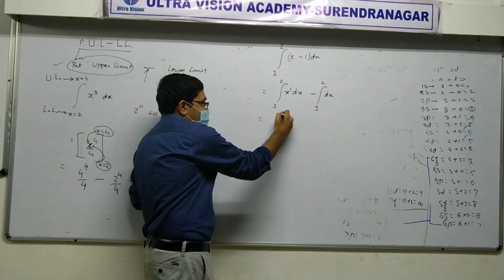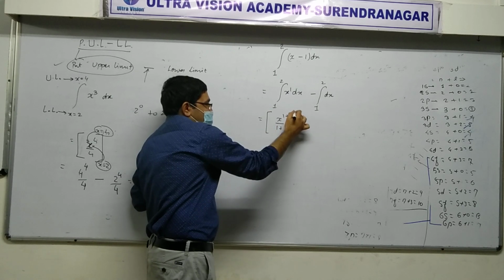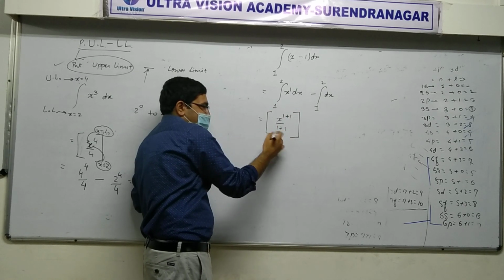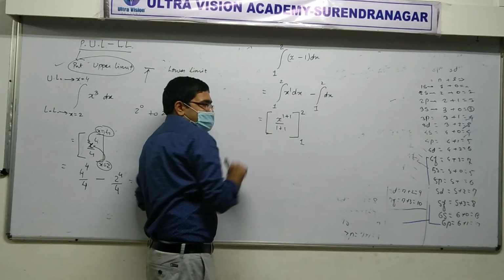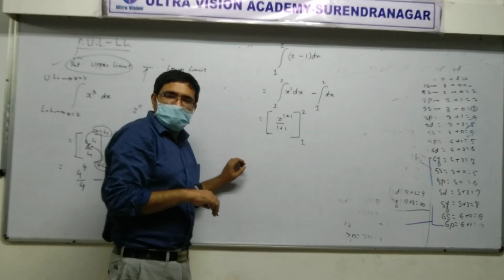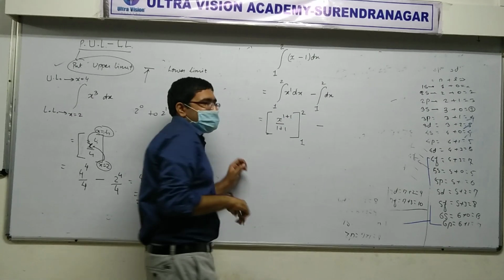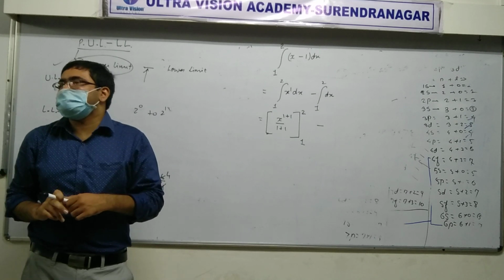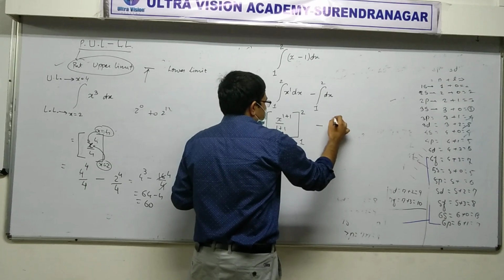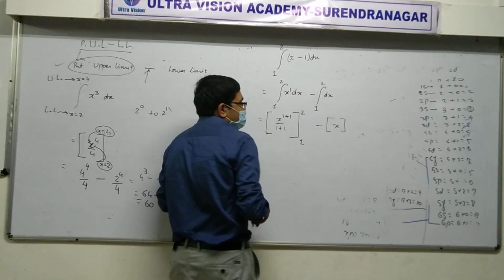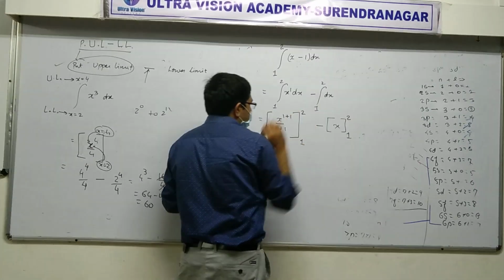Basically it went like this: x raised to 1 plus 1 upon 1 plus 1. And then what to do? Put a square bracket like this. Write 1 here, write 2 here. Got it? Now the second term, minus. Integration of dx is? What is integration of dx? x. Put square brackets with 1, 2. Got it?